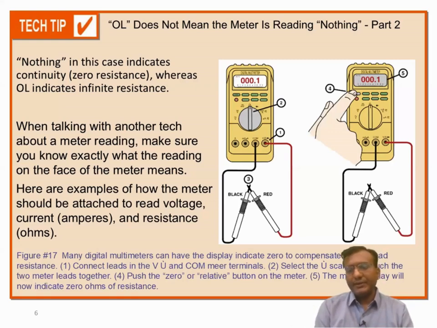Let's look into the schematic as shown in this slide. A multimeter is used. So here we have used probes. The probes are connected as shown by 1. The second step indicates that we have to set the multimeter knob pointing towards ohm or resistance.